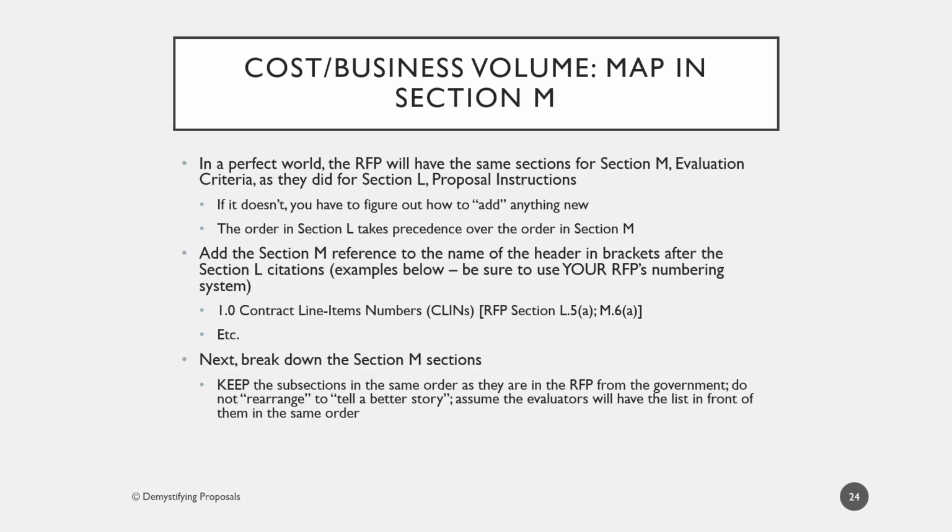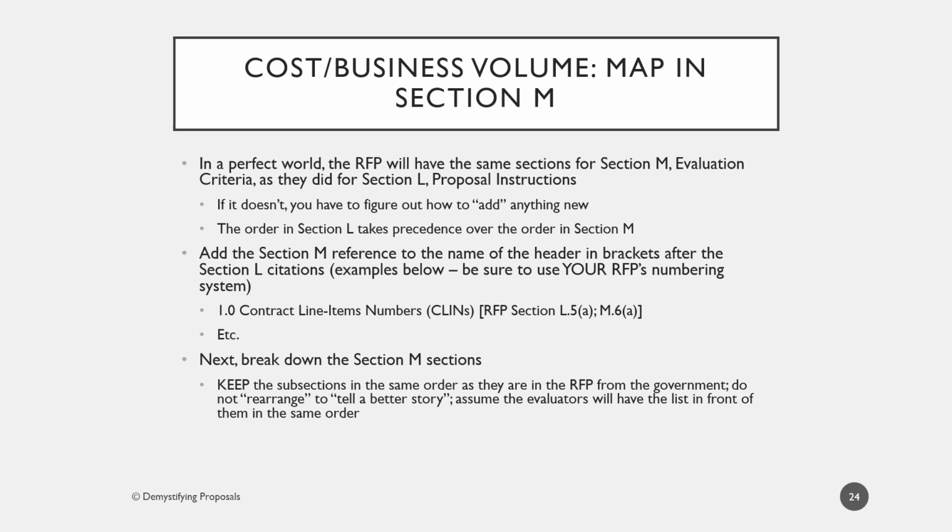Just as with the technical volume, you need to map in section M. And just as in the technical volume, if there are different evaluation criteria listed in section M than there are proposal instructions in section L, then you have to figure out how to add anything new. But as with the technical volume, the order in section L takes precedence over the order in section M. Then add the section M references in brackets behind your section L references.